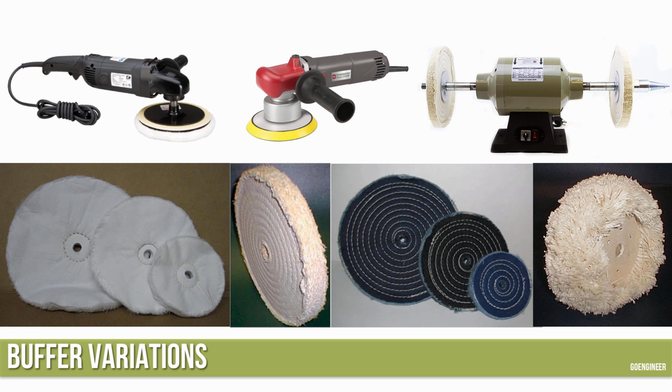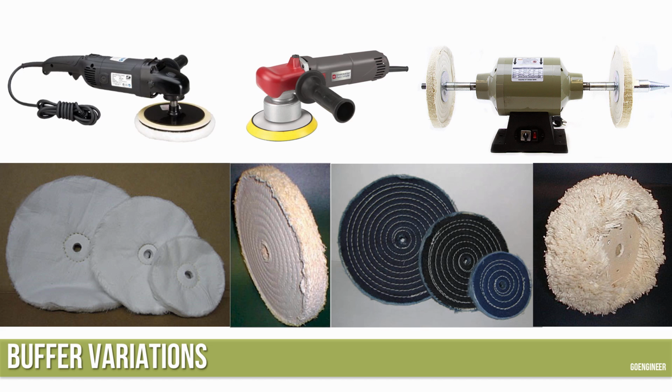Some of the different variations, if you're not familiar with buffers or polishers: what I used for the parts that you're going to see here are basically the options on the left. A rotary buffer with a wool pad is what I used. In the center, you have a dual action polisher.